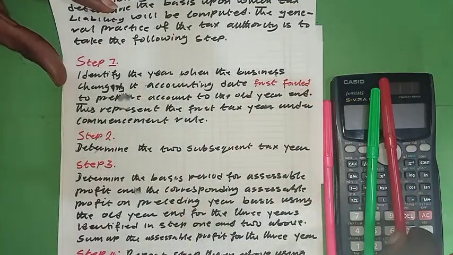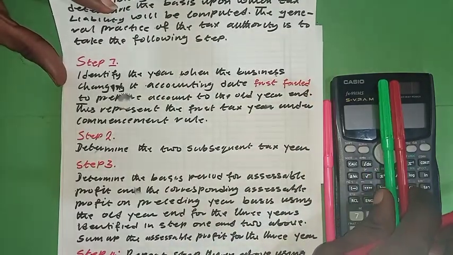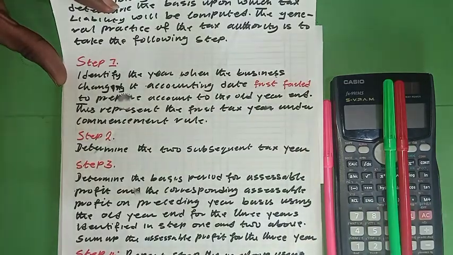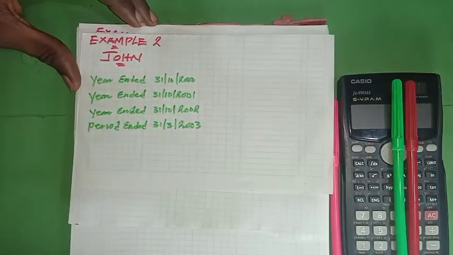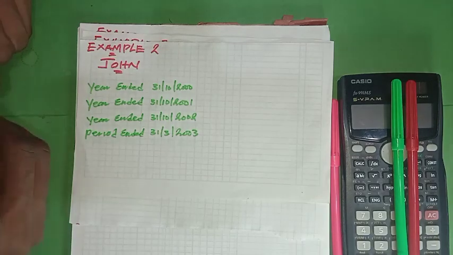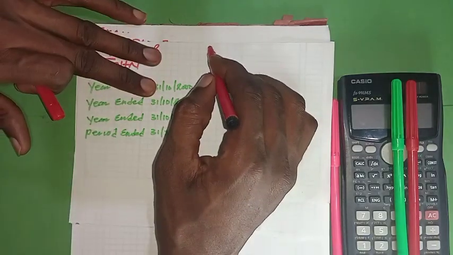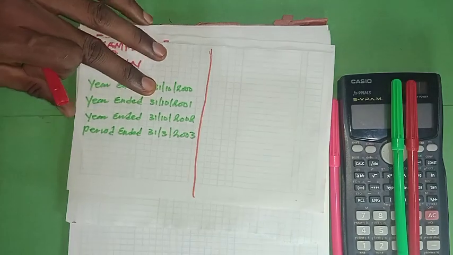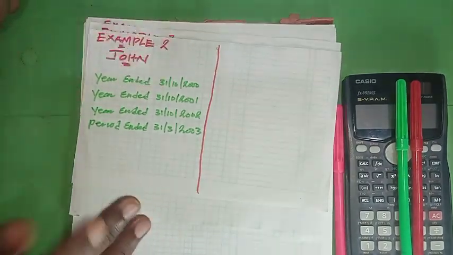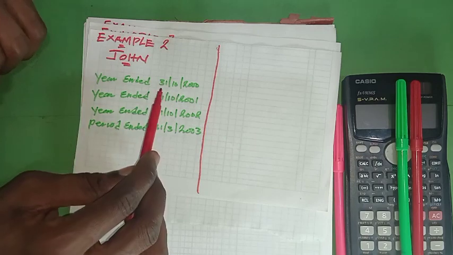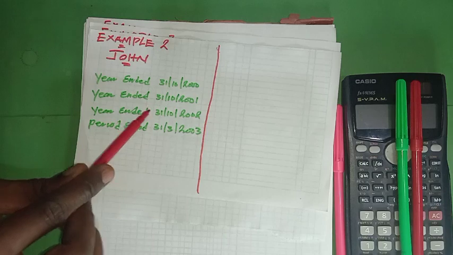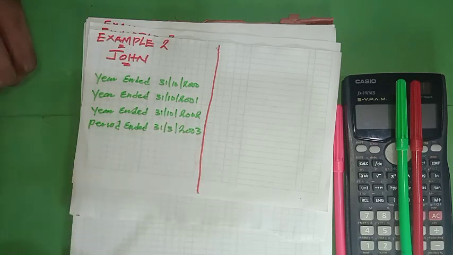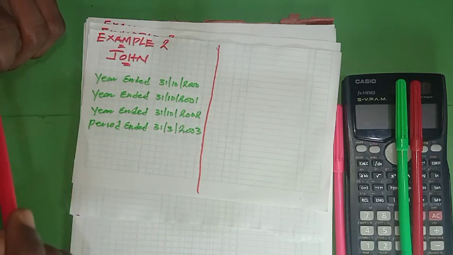Now let's take this little example on how to identify the year of change. This is Mr. John. His year end is 31st October 2000, year end 31st October 2001, to 2003.